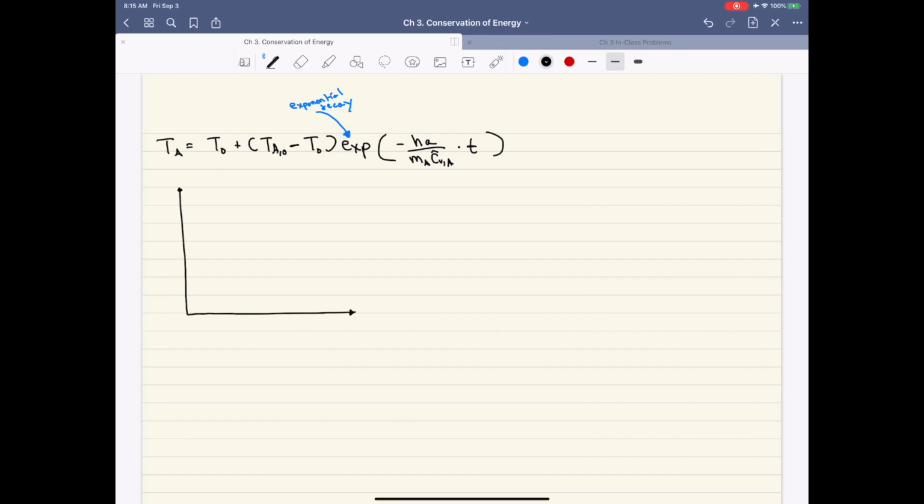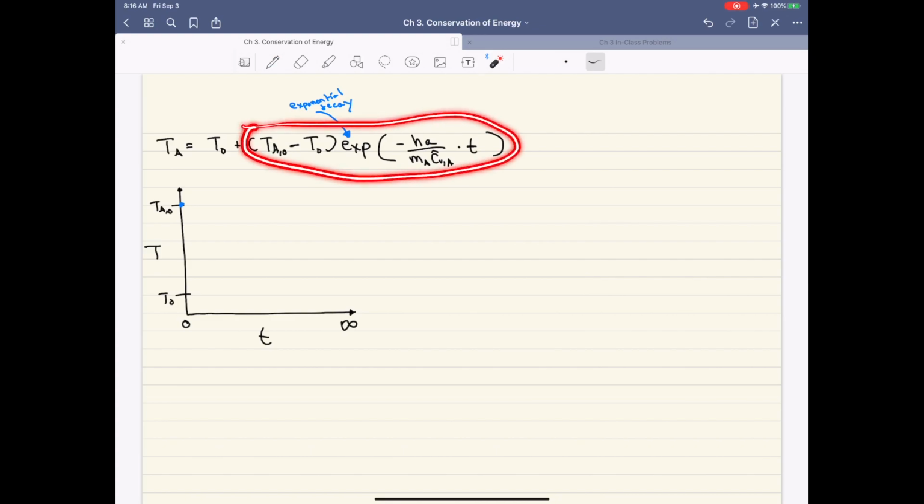And so if we plotted temperature of both the gas and the cylinder as a function of time, we would develop curves like this. So for the gas, it starts at Ta naught, and then it's going to decay, or this term will decay exponentially until it's basically 0, and then the only thing you'll be left with is T naught here.